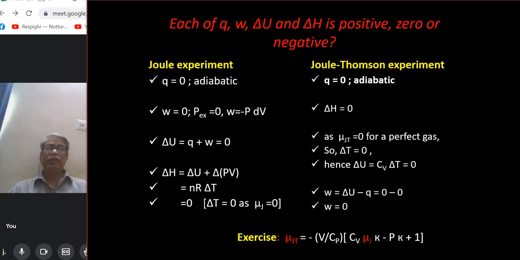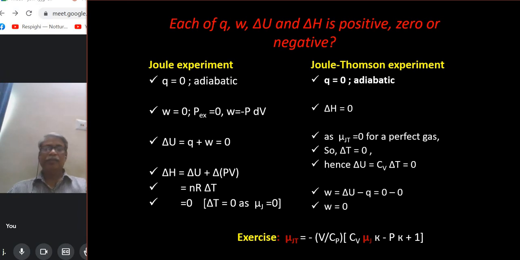I have explained this, but I am not explaining it right now. I request that you please pause this part of the video, or come back whenever required, to see that all 4 are 0 for both the experiments, but the logic is slightly different in these 2 cases, because the experiments, though very close and similar, are not exactly the same.